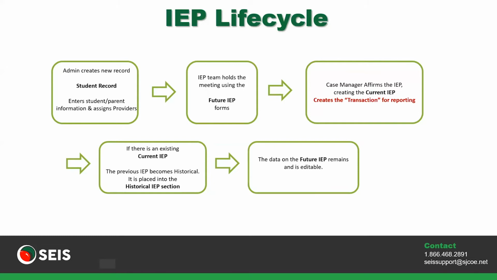That will turn it into the current IEP and also create that transaction for reporting. If there is an existing current IEP, that will be moved to the history. And as you affirm, that history will grow with all previously affirmed IEPs. And the information on the future IEP remains editable, because that's how you'll be able to prep for your next meeting.